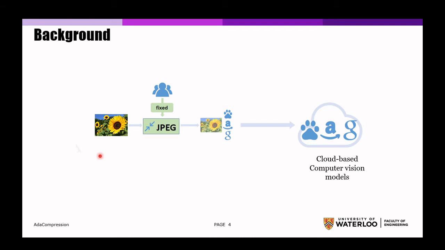So the important question we should ask ourselves is: can we improve the JPEG configuration adaptively for different cloud computer vision services without any pre-knowledge of the original model and dataset? This is the challenge that we have in this paper.